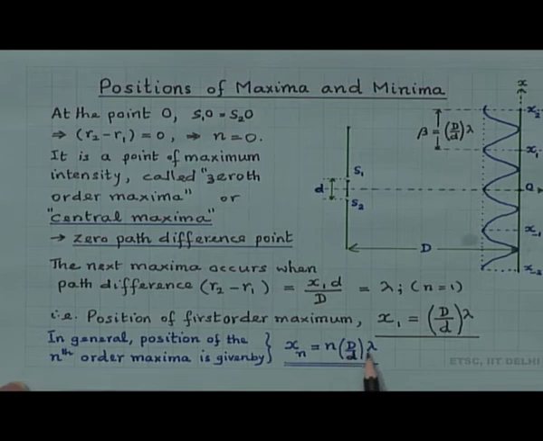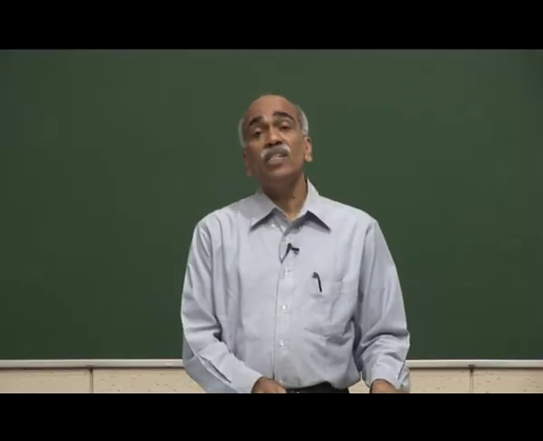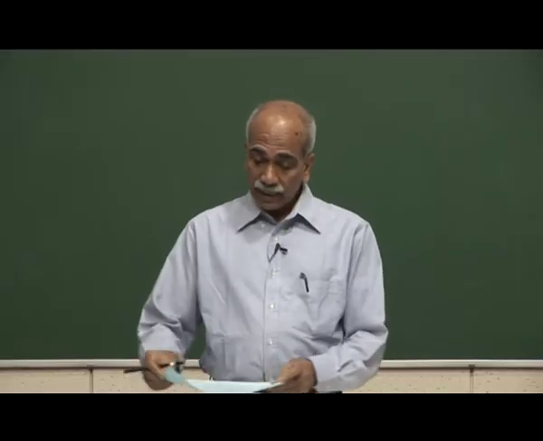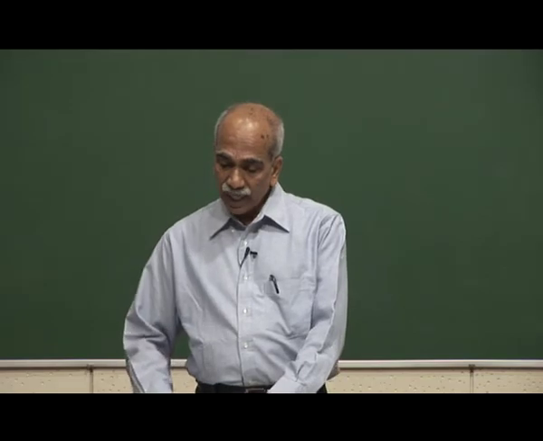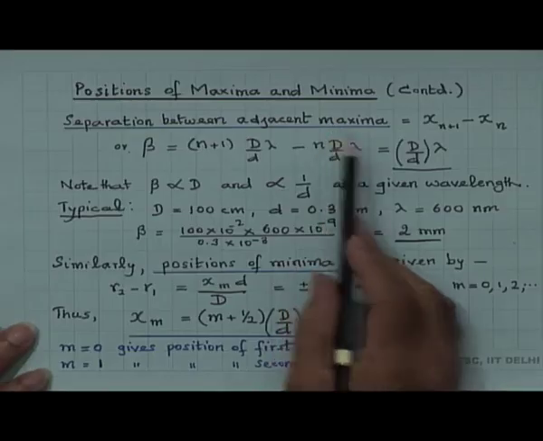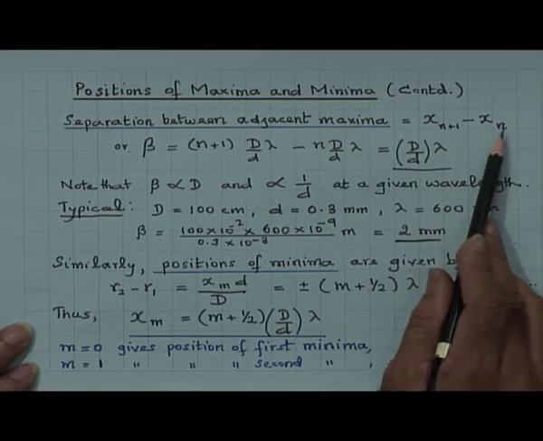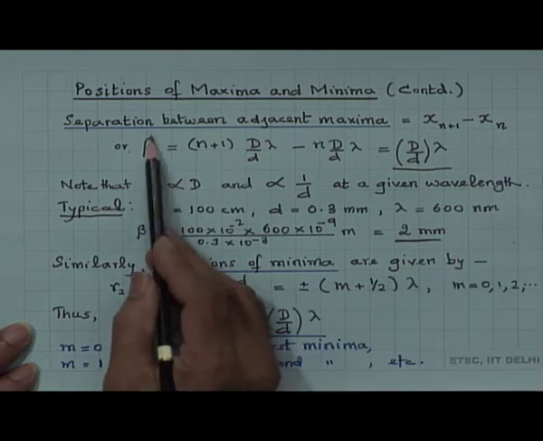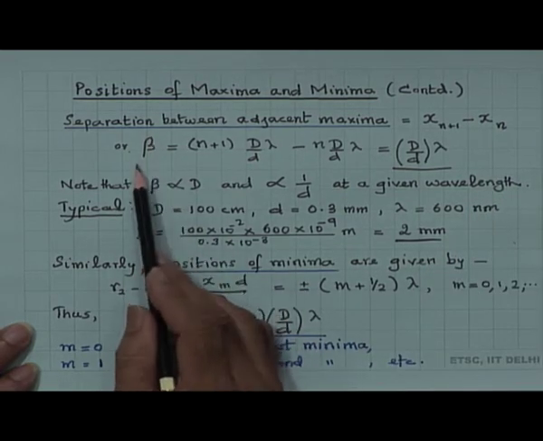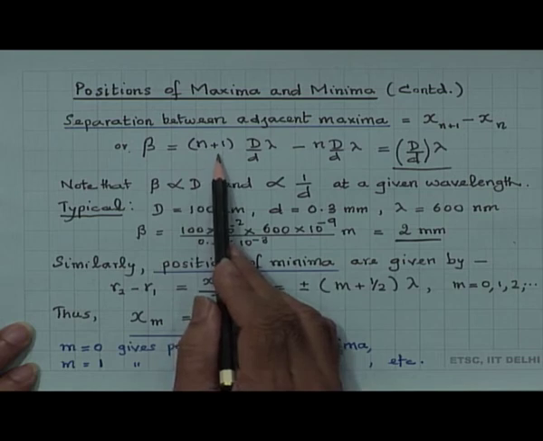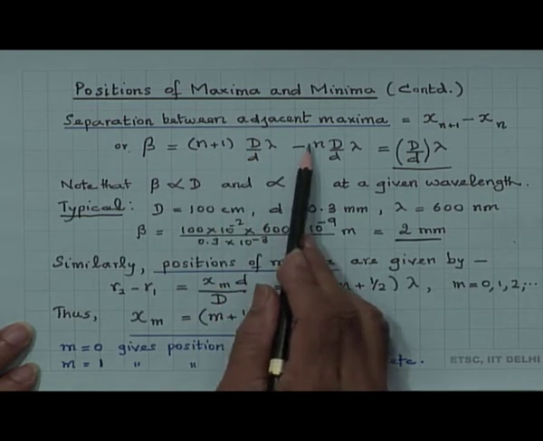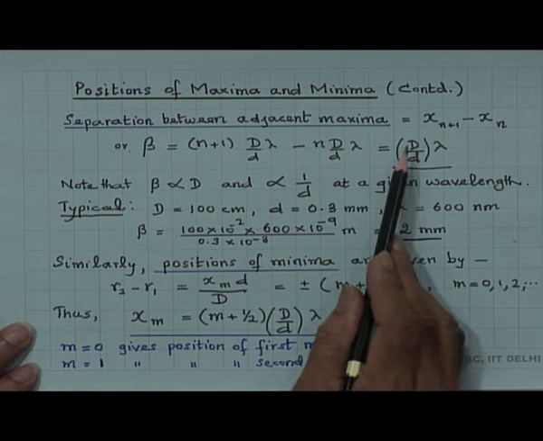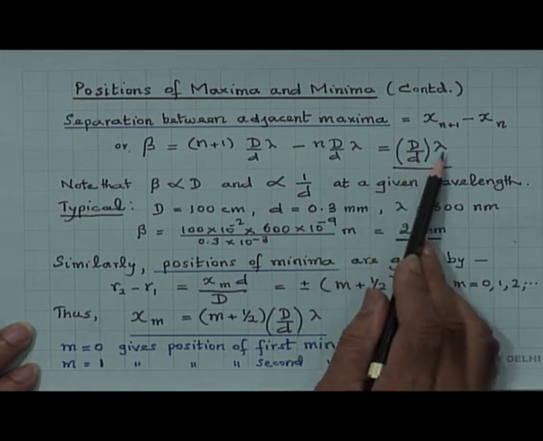Therefore, we can determine the separation between adjacent maxima, which is x n plus 1 minus x n, denoted as beta. Beta is equal to (n plus 1) D by d lambda minus n D by d lambda, equal to D by d into lambda.